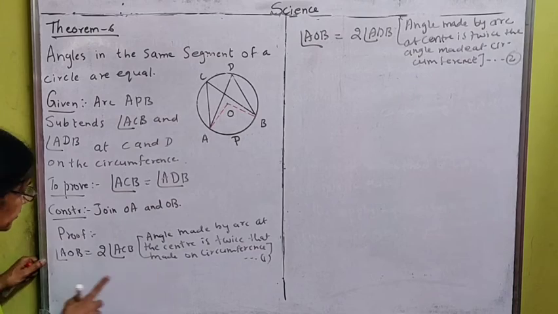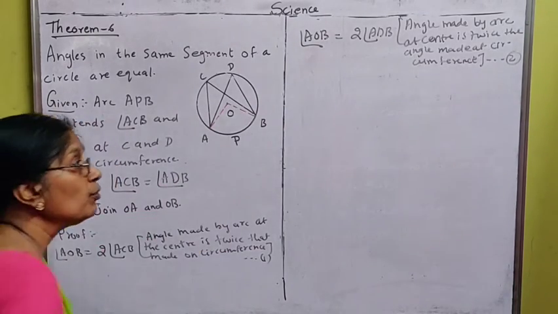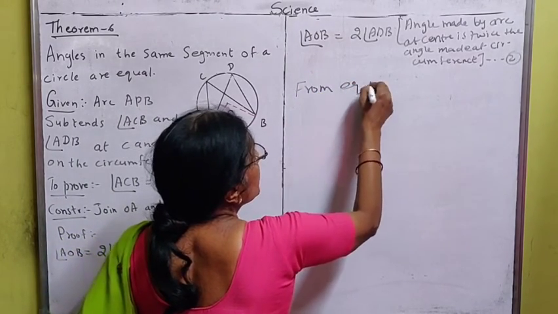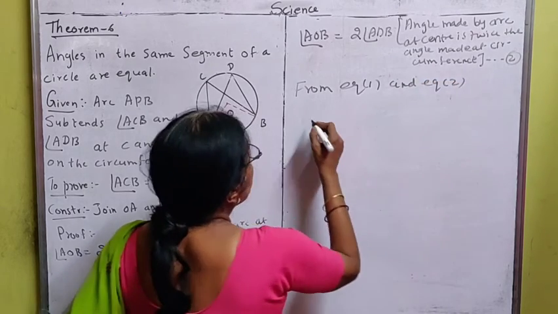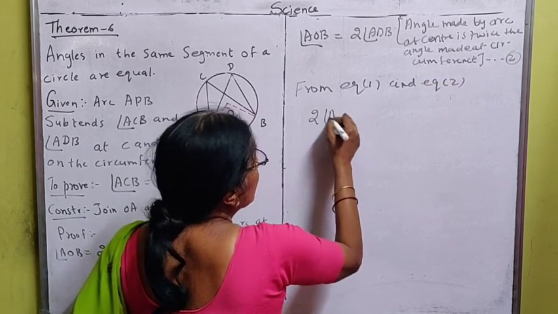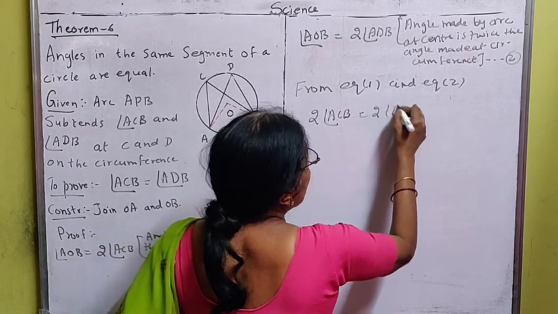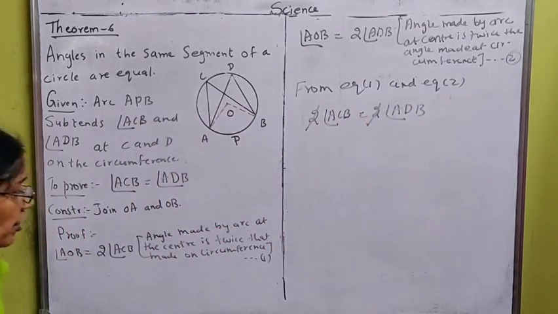See equation 1 and equation 2. Here is also angle AOB, and here is also angle AOB. So from equation 1 and equation 2, what can you prove? Twice angle ACB is equal to twice angle ADB. The 2 and 2 cancel. So what are you able to prove?